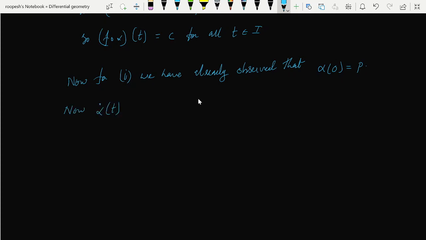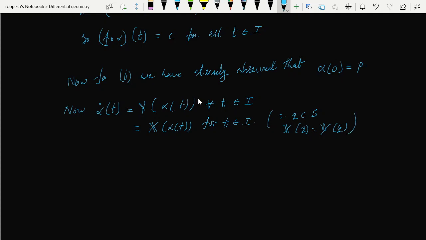Now alpha dot of t is equal to Y of alpha of t for every t belongs to I, which implies X of alpha of t, we have seen that this is X of alpha of t for t belongs to I. Since q belongs to S, in S, X of q is nothing but Y of q.